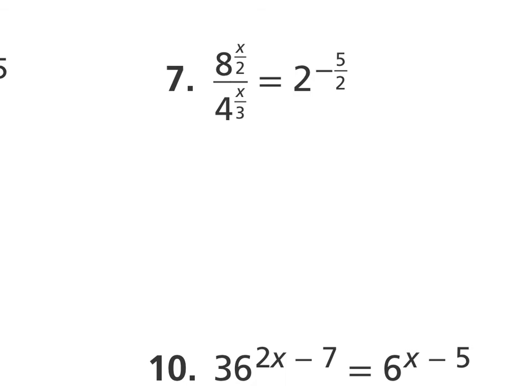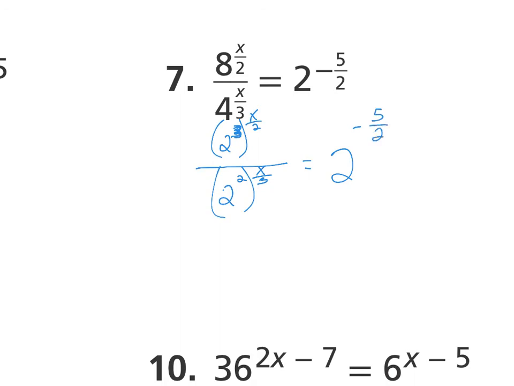So 8 is 2 to the third power, and then I'm going to carry that x over 2 here. Divided by 4, which is 2 to the second power, times x over 3 equals 2 to the negative 5 over 2.